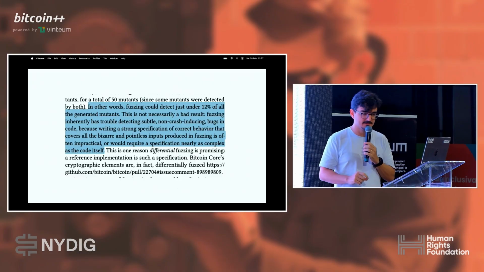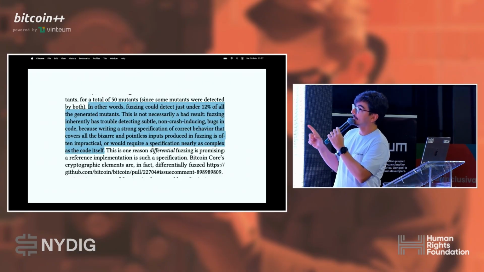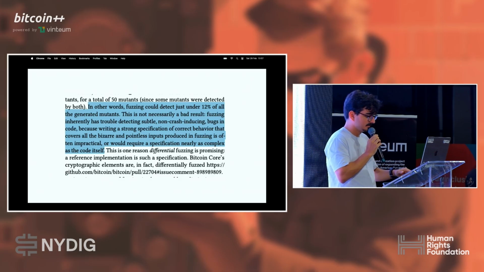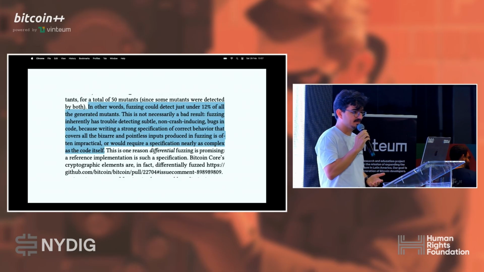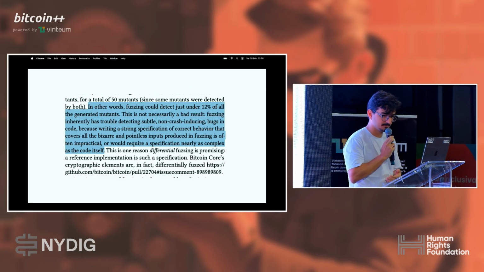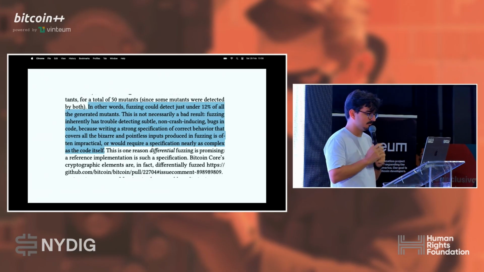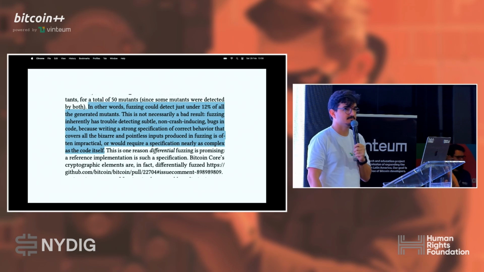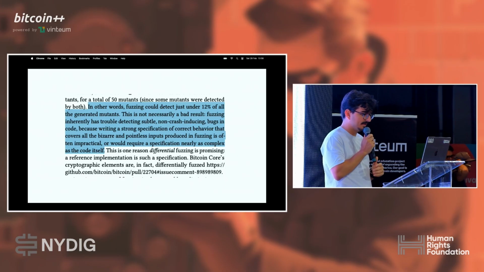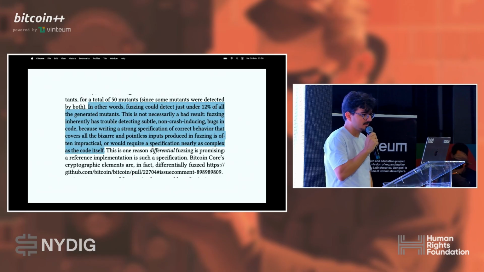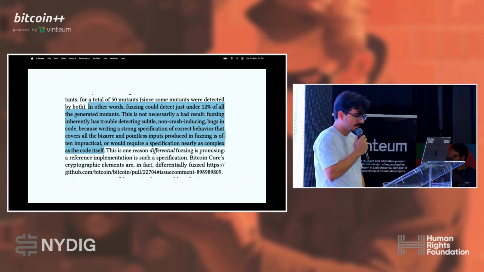It was exactly this statement here, because they noticed that fuzzing was able to detect only 12% of all mutants. So while functional tests and unit tests got like 73%, 80% of all mutants, they noticed that fuzzing could detect just under 12% of all the generated mutants.